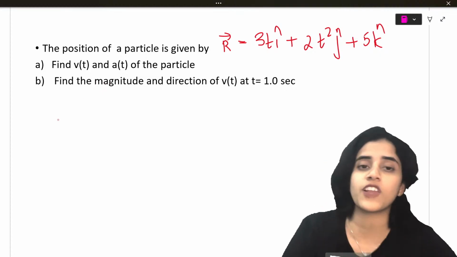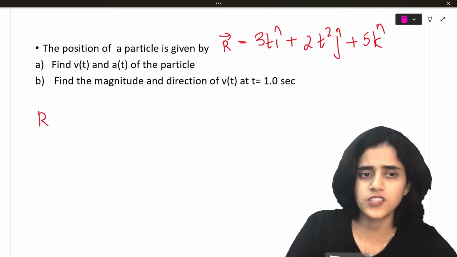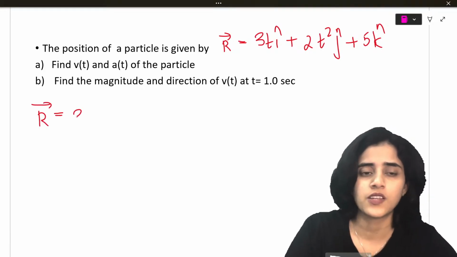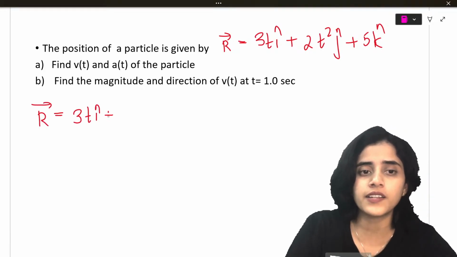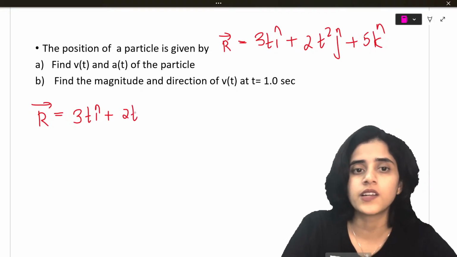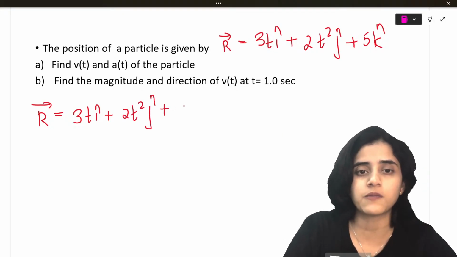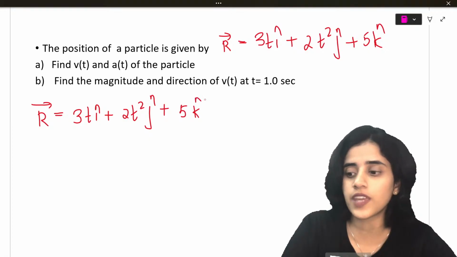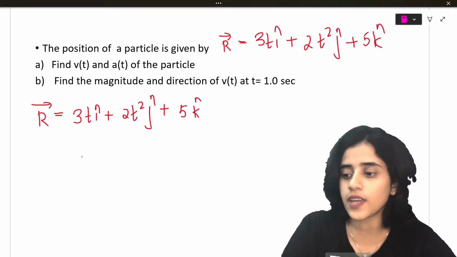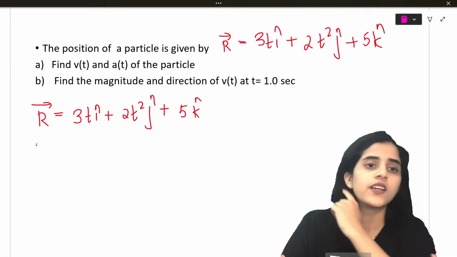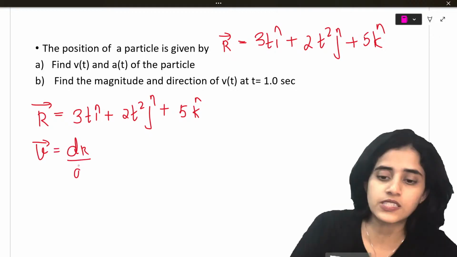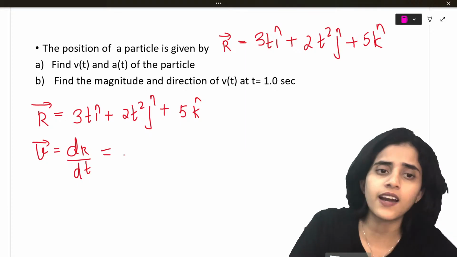So I have to find out the velocity and acceleration. What I have is the distance, 3t i cap plus 2t square j cap plus 5k cap. So what is my velocity? Velocity is basically dr by dt, the differential of distance. So what is the differential of 3t?